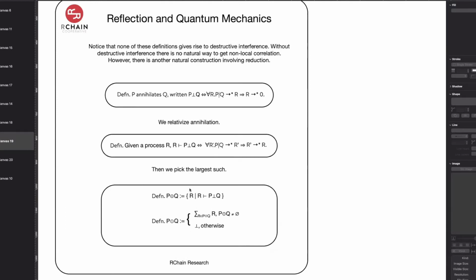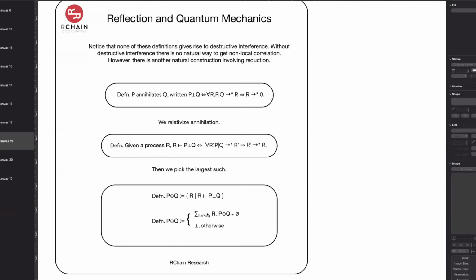So now pick all the R's such that we have R annihilation of P and Q. Okay, so that's all of them. Then this thing is a set, and this thing is going to be a process, but it's only partially defined.